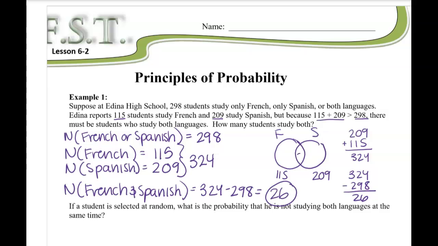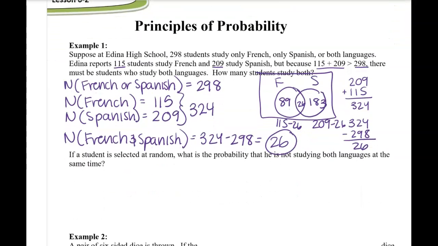So if this is 26, 115 minus 26 is 89, and 209 minus 26 is 183. So this is what a Venn diagram would look like for this situation. I would probably solve it the way on the left, but if you wanted to draw a Venn diagram to see what everything looks like, that's what it would look like.